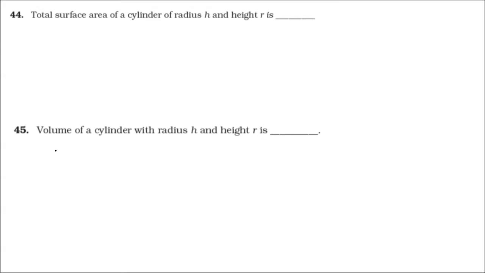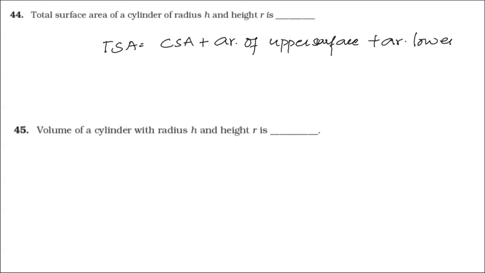Question number 44. The total surface area of a cylinder of radius h and height r is. We all know the total surface area. It's curved surface area plus the area of base. Here I can say that the total surface area is equal to the curved surface area plus area of upper surface plus area of lower surface.